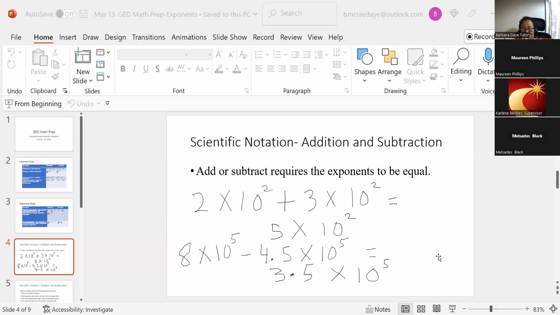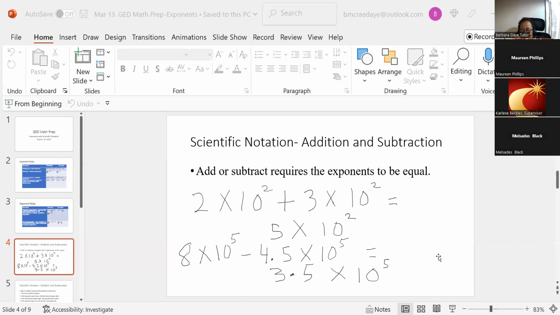Any questions adding or subtracting when the powers are the same? So you're saying add or subtract requires the exponents to be equal. Yes, the exponents must be equal, which means if they're not equal, we have to find a way to make one equal to the other.